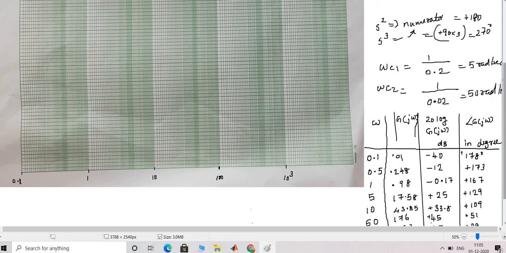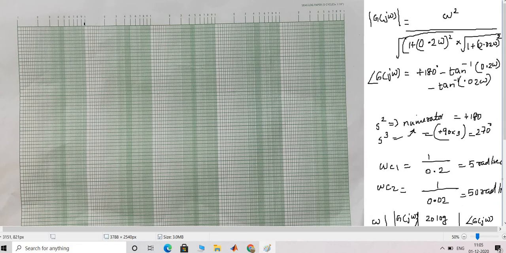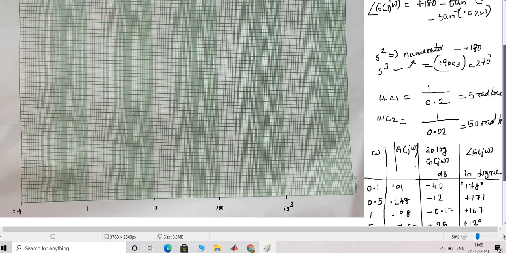Now also we have to mark the corner frequencies. So what are the frequencies we have chosen? 0.1, after that 0.5. So 0.5 will be where? 0.5 will be in between 0.1 to 1. In this decade, 0.5 will be there, and we can mark 0.5 here corresponding to the marking 5.